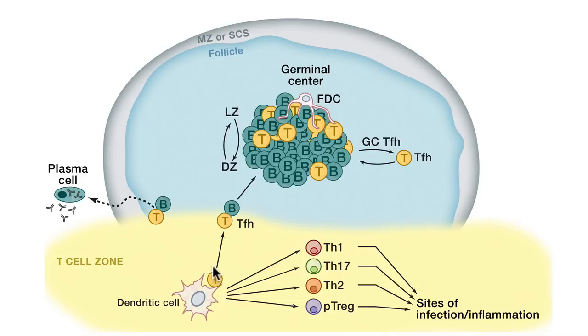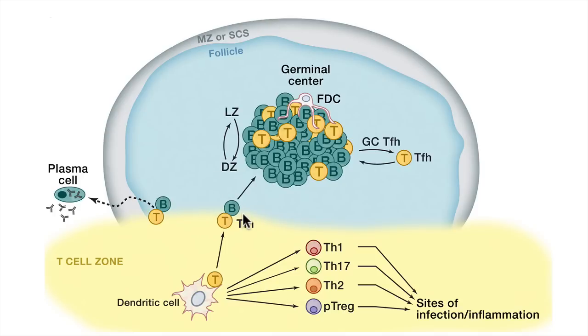And so there's this early dendritic cell dependent phase resulting in early TFH cells that interact with B cells either at the TB border or within the follicle.